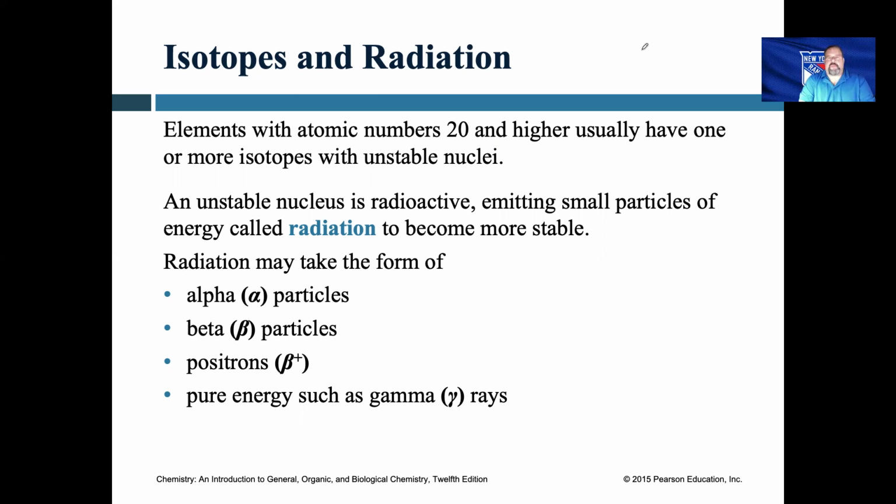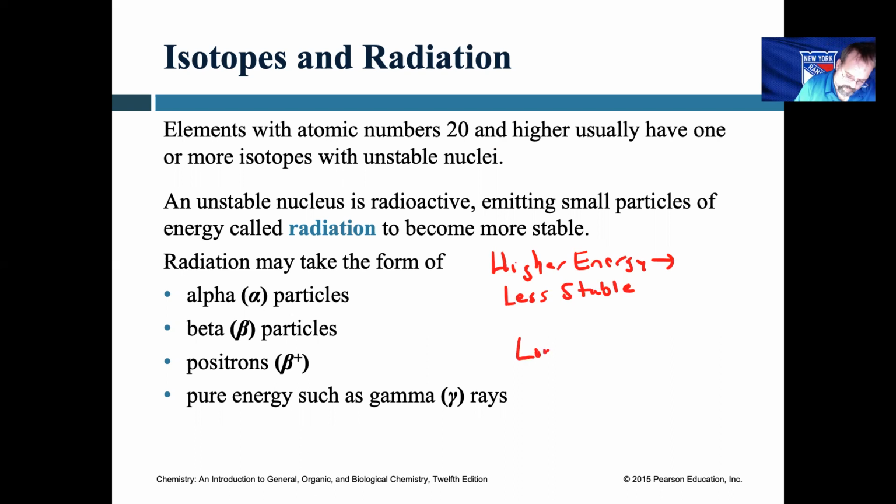Now, it turns out that elements with atomic numbers of 20 and higher usually have one or more isotopes with unstable nuclei. And an unstable nucleus is radioactive, emitting small particles of energy called radiation to become more stable. So one of the things just to mention at this point is the usual relationship between energy and stability. Usually, the higher in energy you are, the less stable you are.